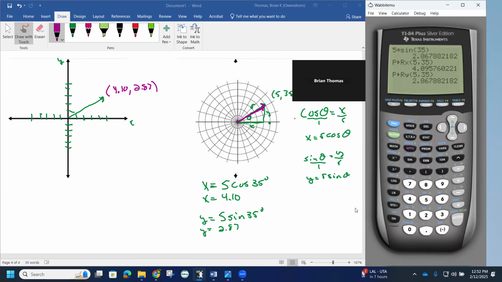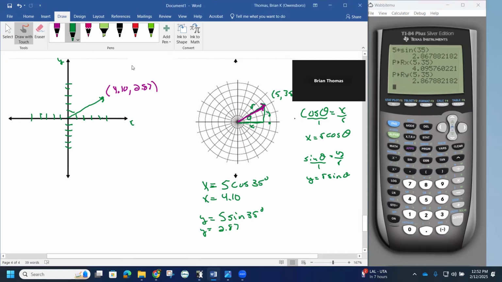So you can use these two formulas: the x coordinate is defined by x equals r times the cosine of theta, and the y coordinate is defined by y equals r sine theta. Or we also can use our calculator to convert from polar to rectangular.